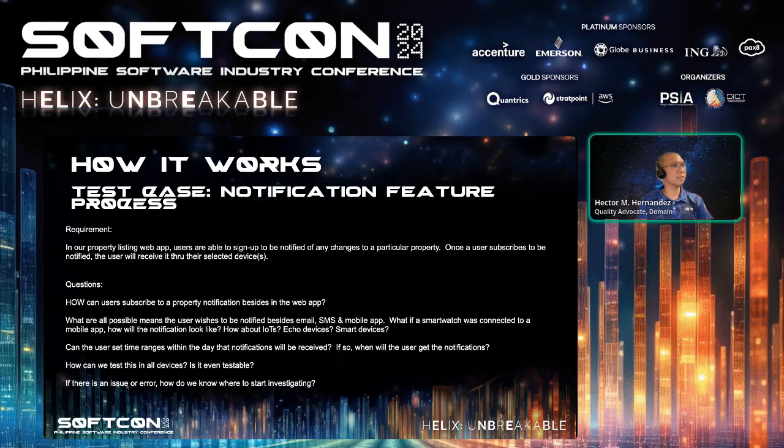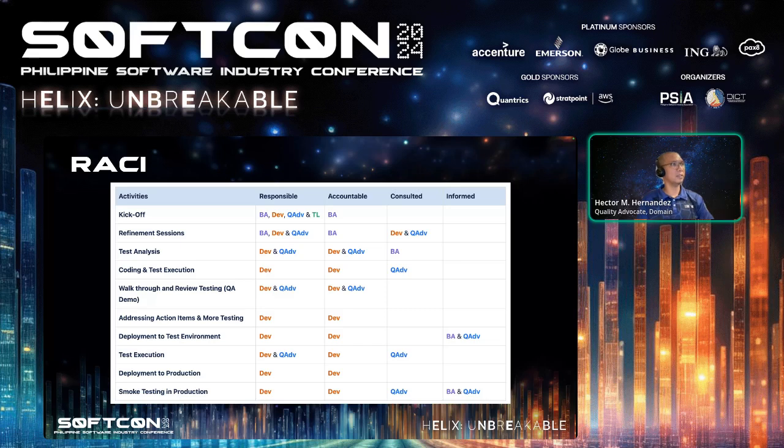Okay. Now for the RASI. RASI is just a table that says who's responsible, who's accountable, who's consulted, and who's informed. So this is a general guideline. If we look here and we identify the coding and test execution, I'll take a step back.